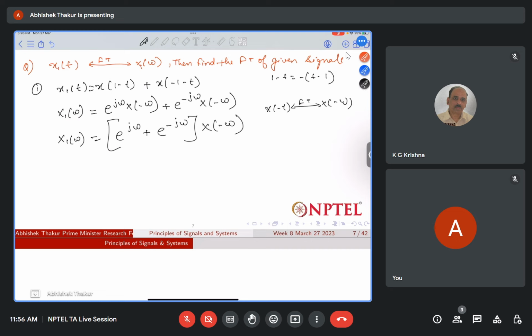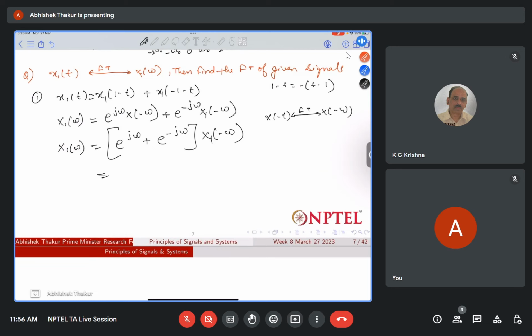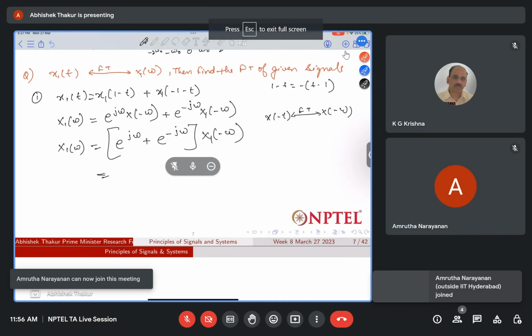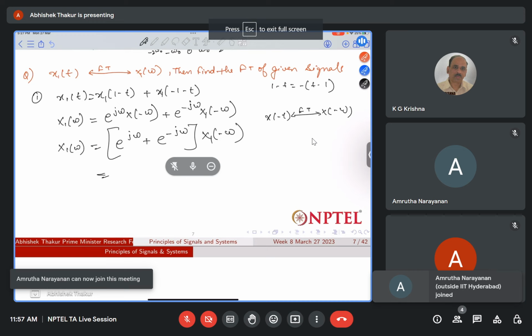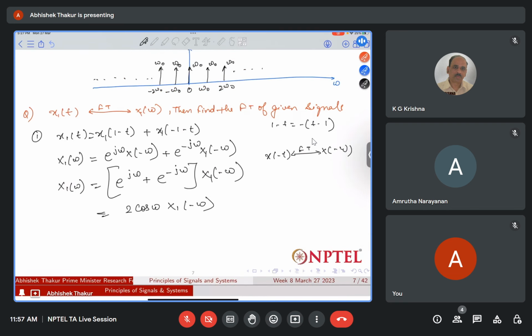This is simple, we can break it into cos omega plus j sin omega terms, and the sine term gets cancelled. So it will become 2 cos omega into X(minus omega). This is the Fourier transform for this one.